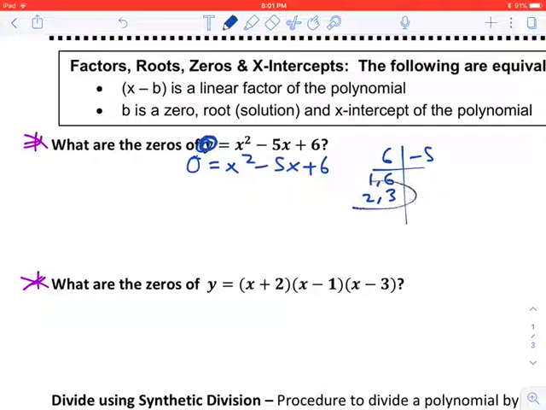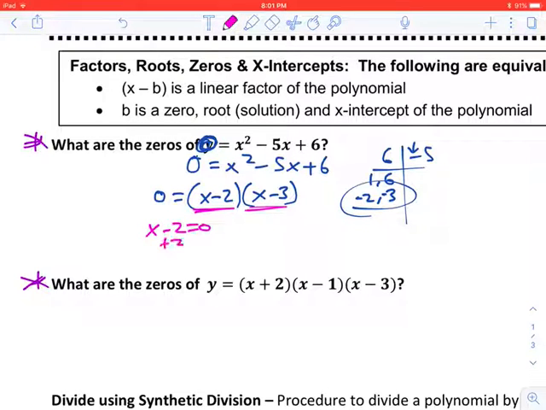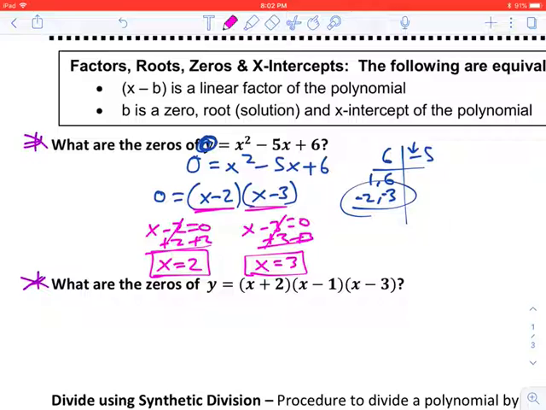Well, 2 and 3 give us 5, but since it's a negative 5, we want negative 2 and negative 3. So it's 0 equals x minus 2 times x minus 3. Since those two are factors, we set both equal to 0 and get our two answers. x minus 2 equals 0, x equals positive 2. x minus 3 equals 0, x equals 3. And there's our two answers.